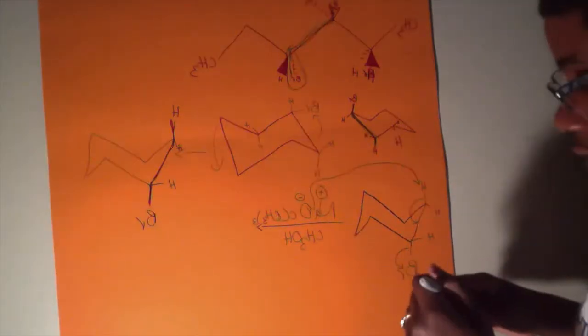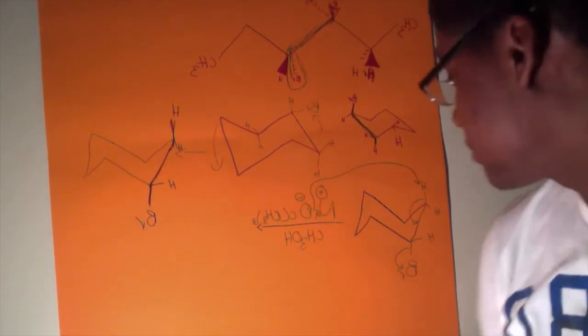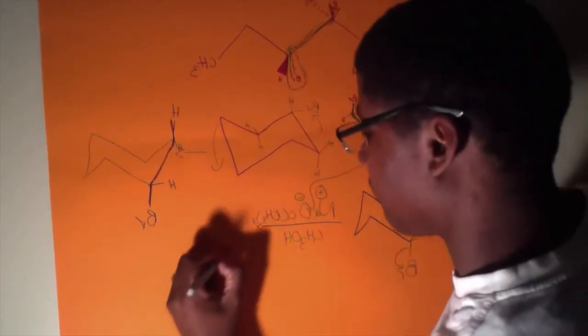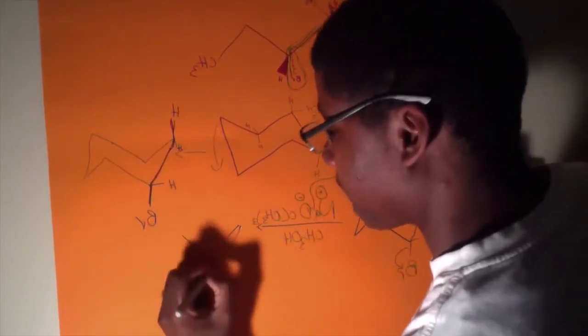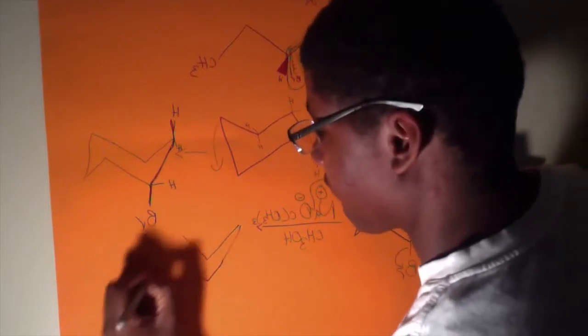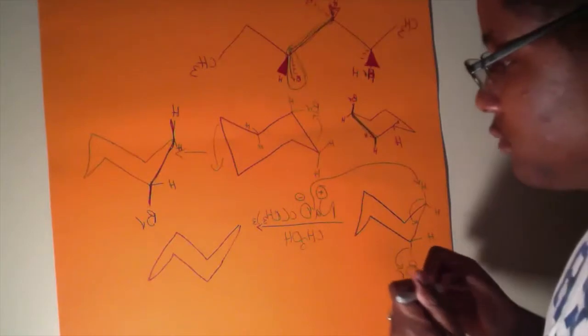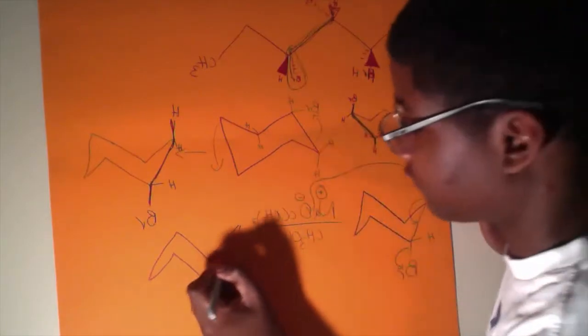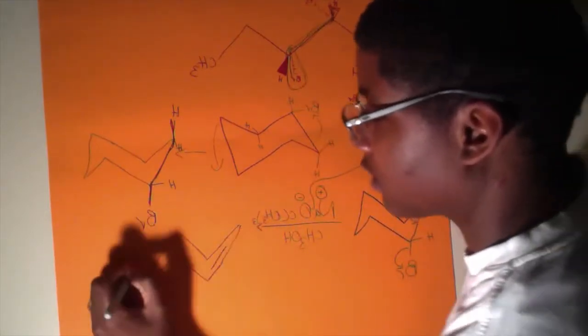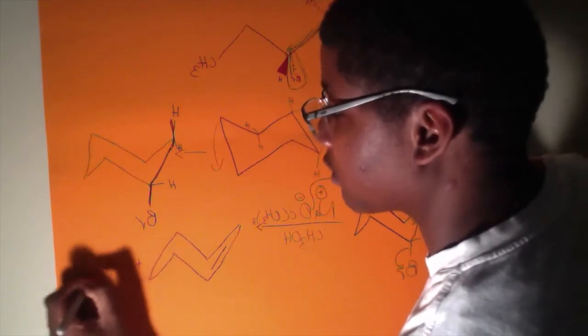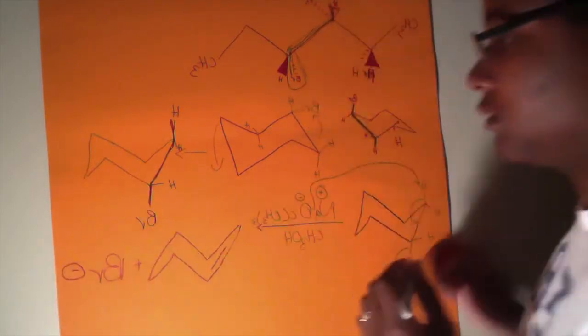And what we will get now is a double bond forming right here, plus the bromine, which is now a leaving group.